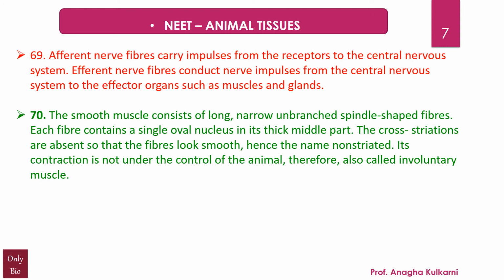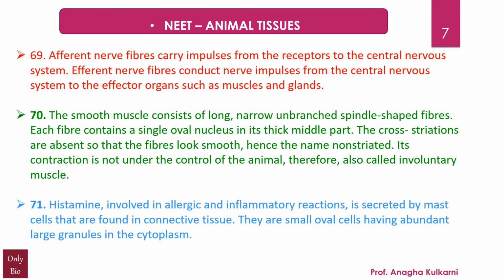Each fiber contains a single oval nucleus in its thick middle part. The cross striations are absent so that the fibers look smooth, hence the name non-striated. Its contraction is not under the control of the animal and therefore these are called as involuntary muscles.